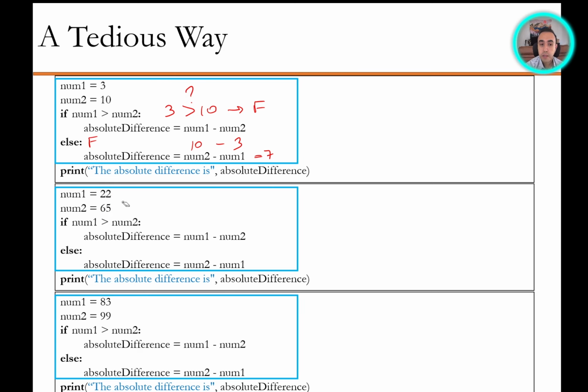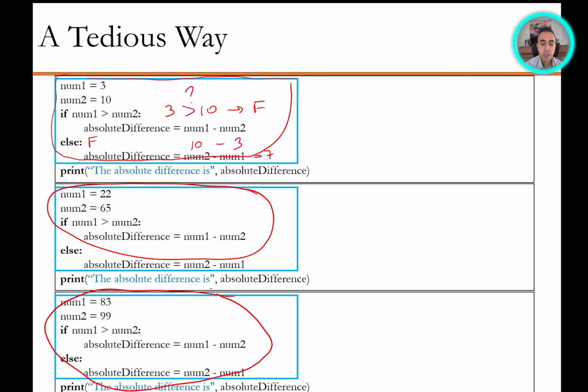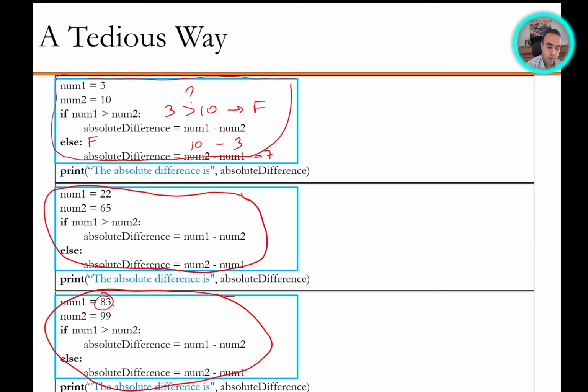So we can do it either tediously, we write everything down, but there is an easy way to write it. Because if you noticed, the code in the blue square, like this code, and this one, right? These codes are exactly the same, except for the numerical values.